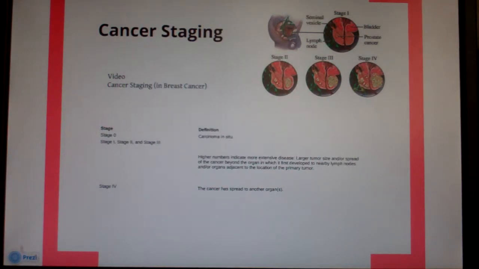It also depends on enzyme production, both lytic, breaking things down, and angiogenic, growing things. And like I mentioned earlier, the cellular adhesive properties are a big factor in the whole metastatic process and tumor invasion. And of course, the cellular motility and how fast that thing's going to go anywhere.